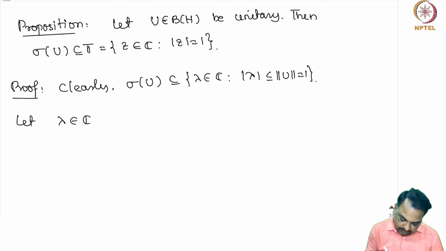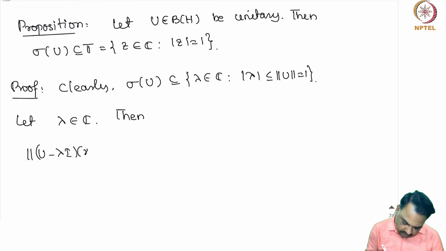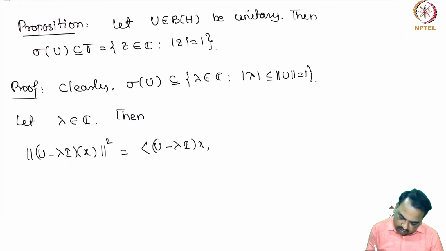lambda in C, then let us try to locate the norm of (U minus lambda I) at x whole square. This is the inner product of (U minus lambda I) at x with itself.